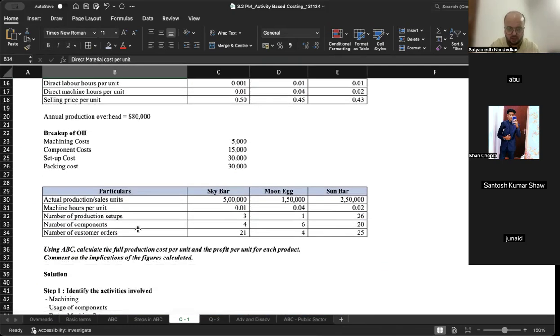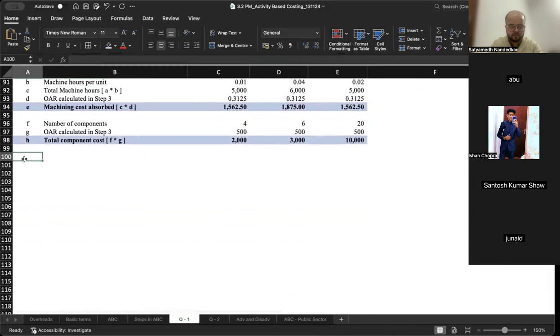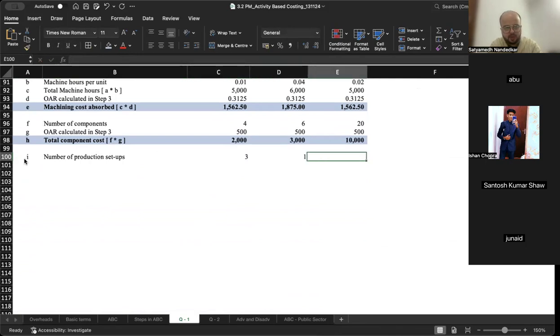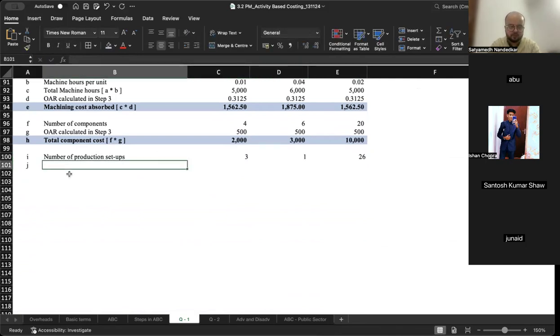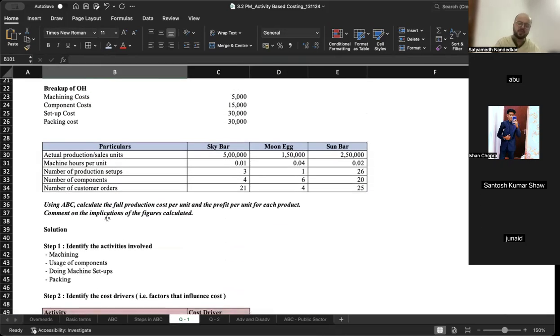Now setup cost. I have the number of production setups: 3, 1 and 26.